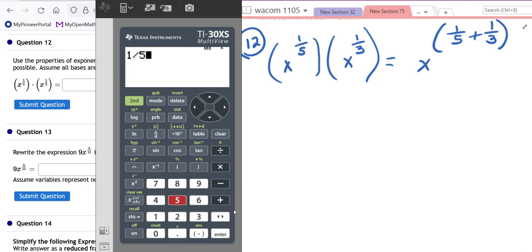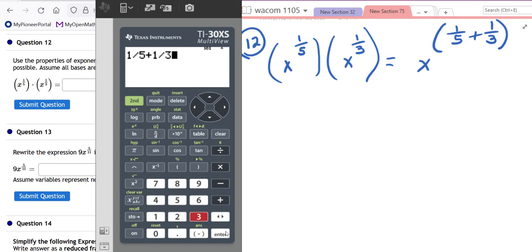So 1/5, and this might not work out right. Let's see how it does. Oops, don't want that. All right. The safest way to put this in would have been parentheses, 5 plus 1 fraction bar 3.